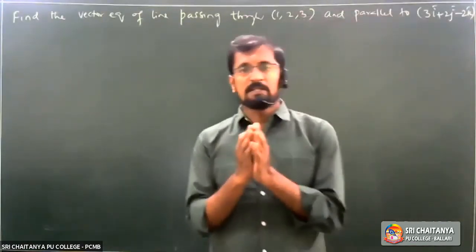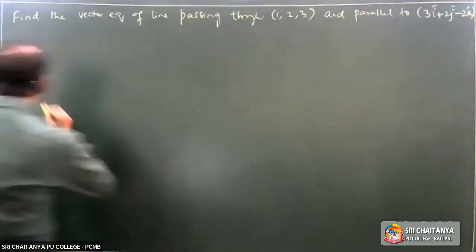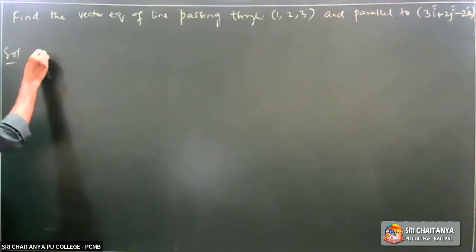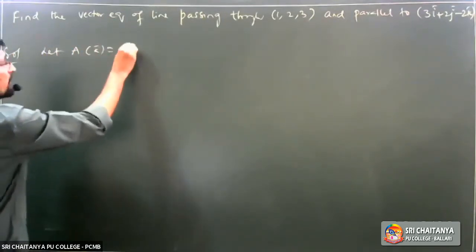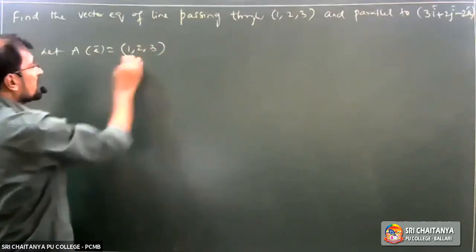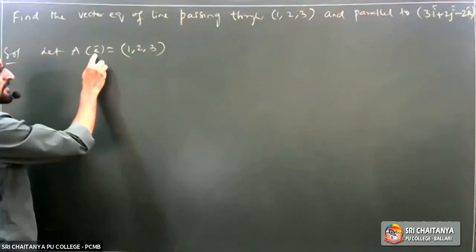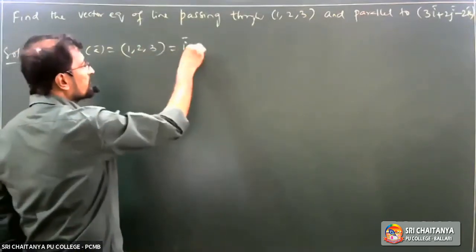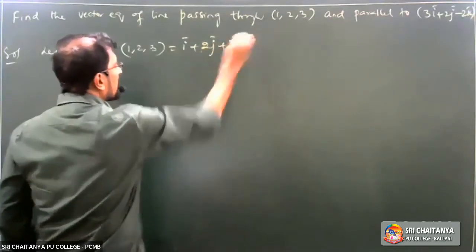So you should consider the given point as capital A, right? Observe this one. Very simple problem. Let A bar is equal to 1, 2, 3. Where I consider this one as A bar now, so you should write this one as i plus 2j bar plus 3k bar, right?